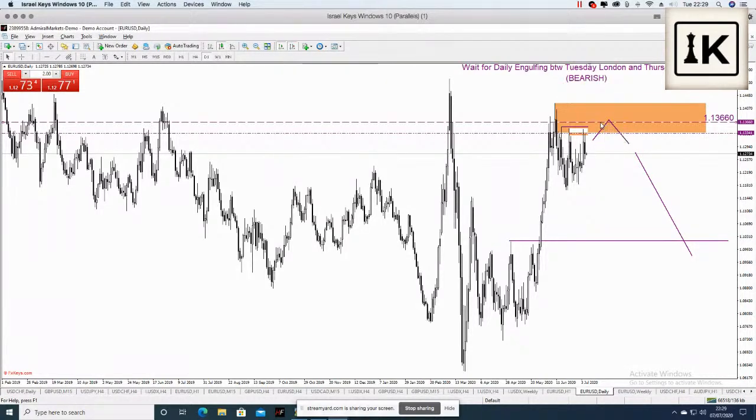As a result, I am waiting for price to hit there. I could be wrong in this case, but I'm waiting for price to hit there. And so when I woke up in the morning and price was hovering around here, I set an alert on my MetaTrader 4. I'll show you guys how to do it.